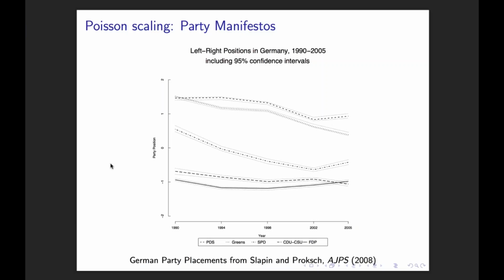Here we see them scaling left-right party positions in Germany over time, between 1990 and 2005, and they use a bootstrapping technique to get uncertainty estimates around those positions. You can see how parties have changed positions over time, going from left to right. So everybody's sort of converging to the middle according to this graph.